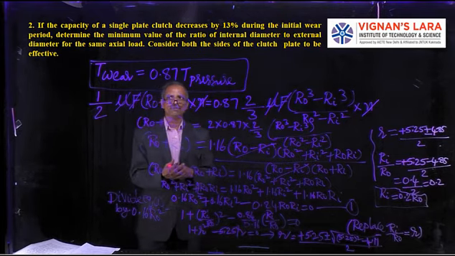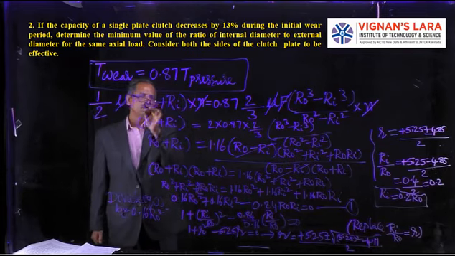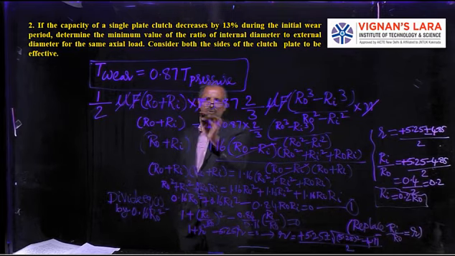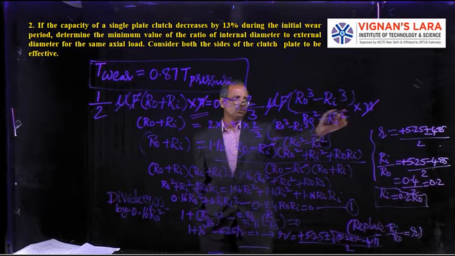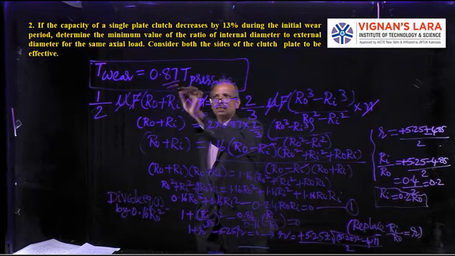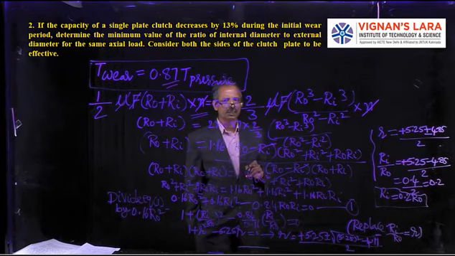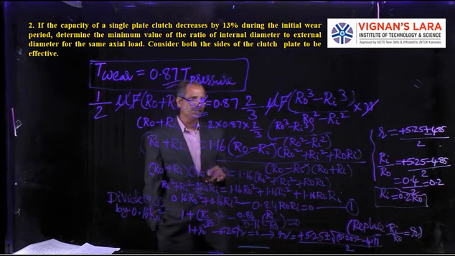So what is T wear? The uniform wear theory formula, half into mu F into R naught plus Ri. How many surfaces are active? 2 surfaces. And here also 2 surfaces are active. So 0.87 is because the amount reduced is 13%, 1 minus 13%, that is 0.87 into the uniform pressure theory equation.